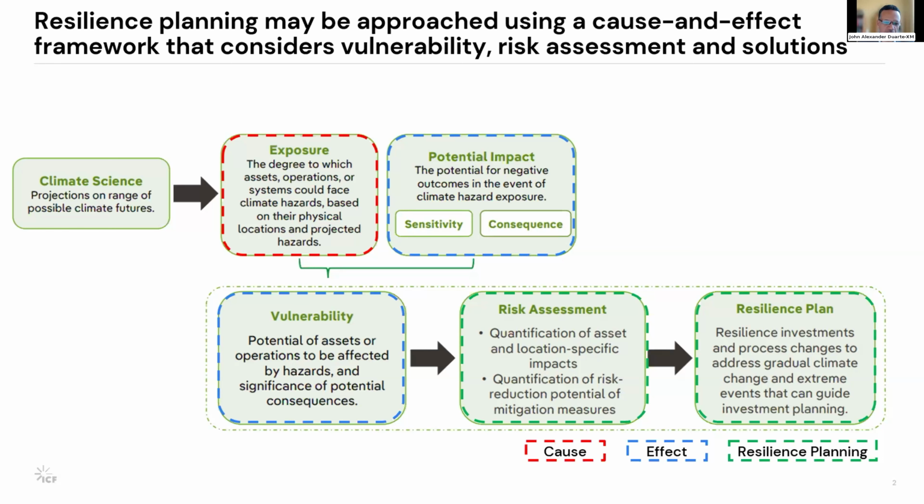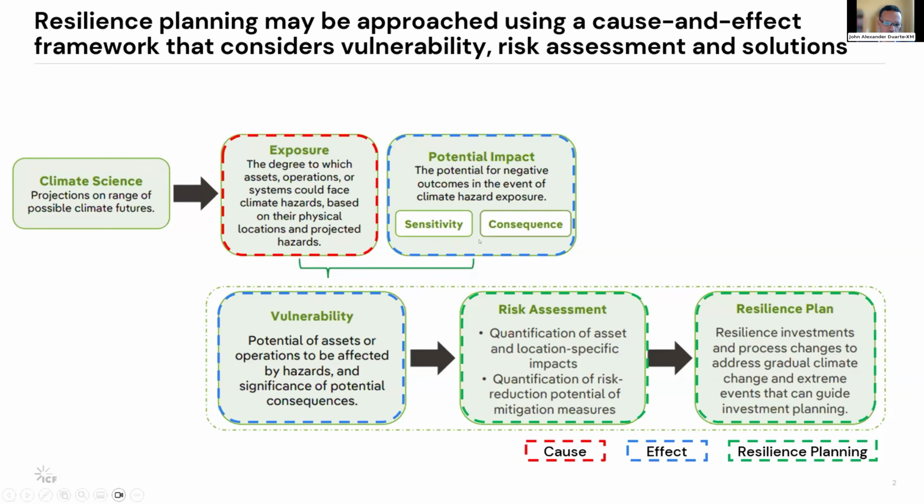And consequence could be considered with respect to the system or with respect to customers, and effectively, it's most effective to do both, right? So a robust analysis considers how the failure of an asset affects the system and ultimately how it affects customers. And we'll talk more about that.